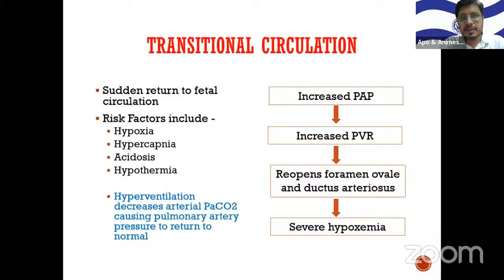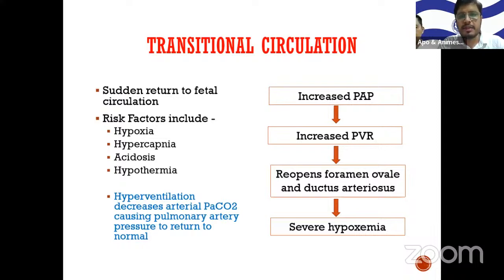Basically, these risk factors lead to increased pulmonary vascular resistance by increasing the pulmonary artery pressure, and the shunts are not closed properly at birth.